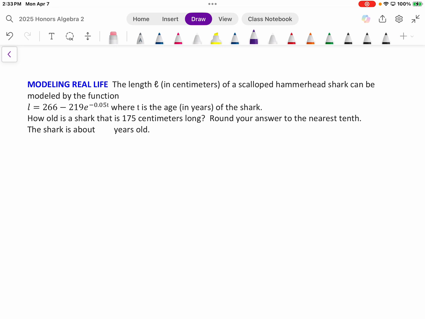All right, fantastic. So in that case, L is equal to 175. We are trying to solve for t, which is the age. So I'm solving for t, which is the exponent.